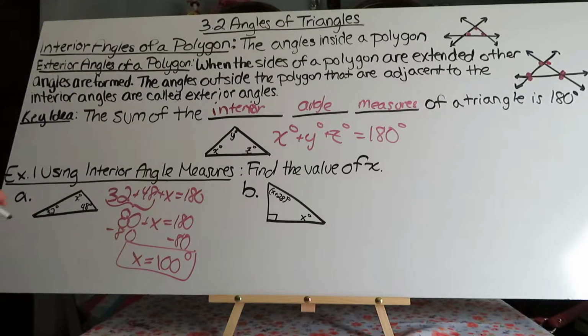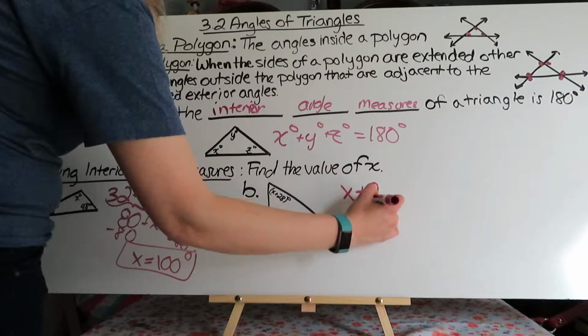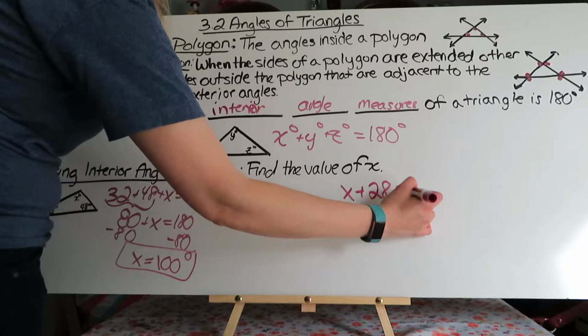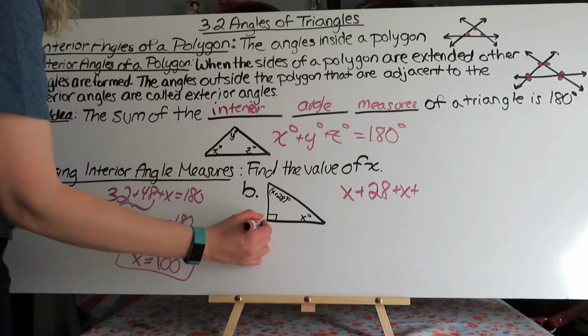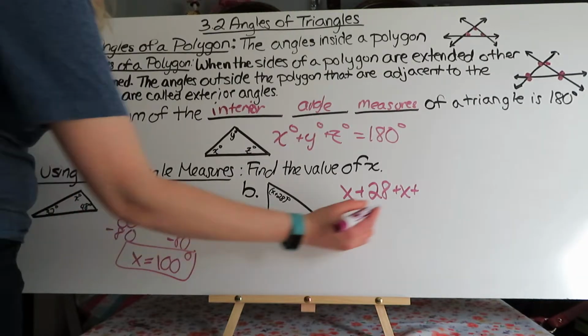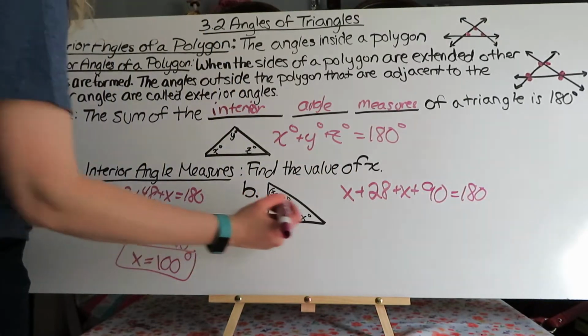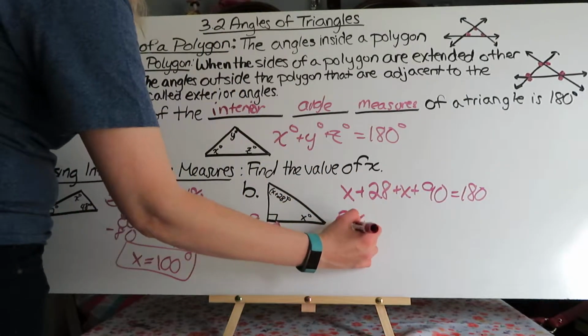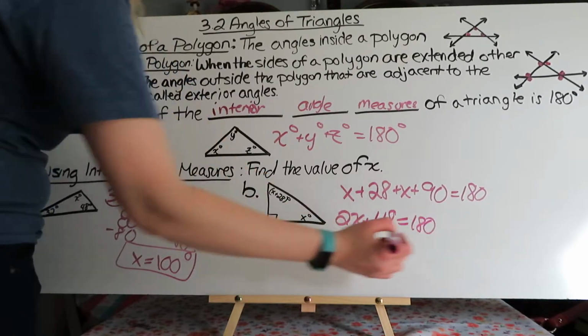All right, letter B. Once again, we're going to add up all the angles. X plus 28 plus x plus this sign right here means that that's 90 degrees. And that equals 180. So I'm going to combine my like terms. 2x plus 118 equals 180.